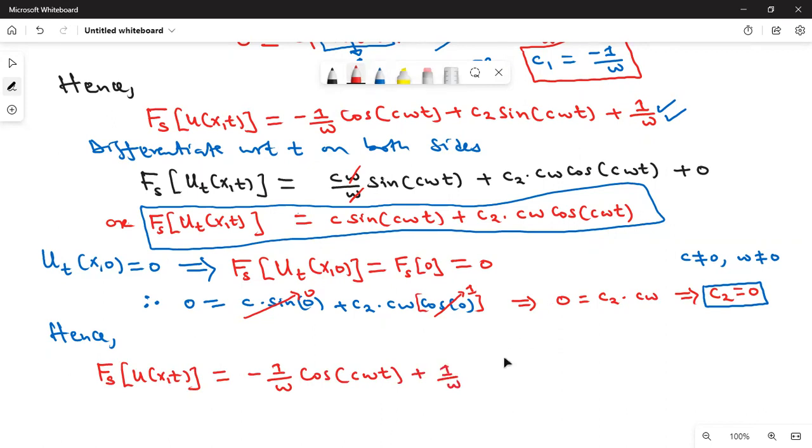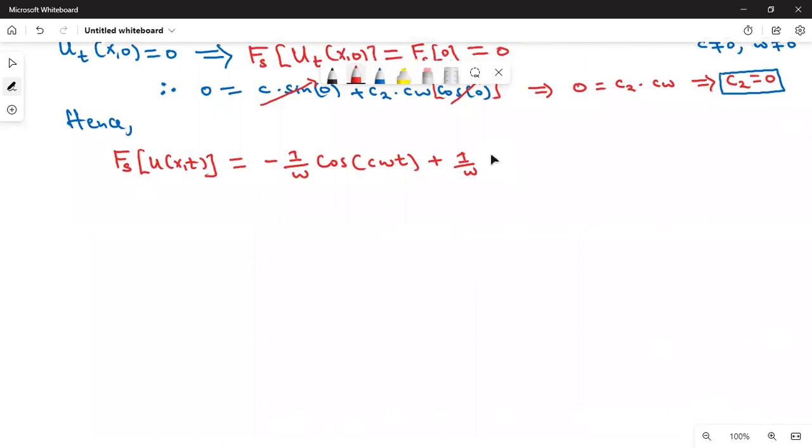And how else can you write this? You see, 1 over omega is common. So this can be written as the Fourier sine transform of u of x,t is equal to 1 minus cosine of c omega t, everything divided by omega. So that is what you're getting.